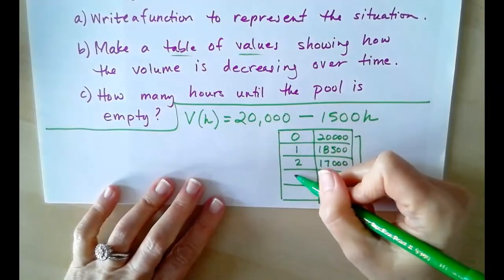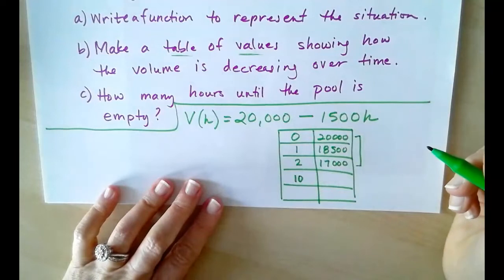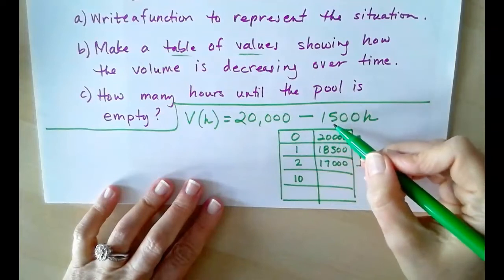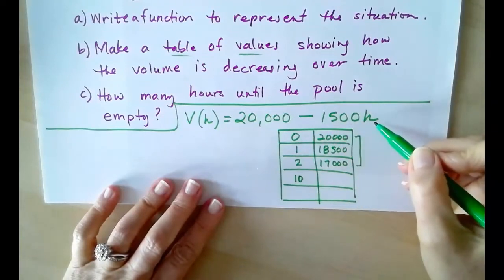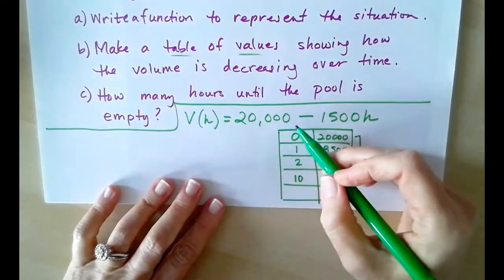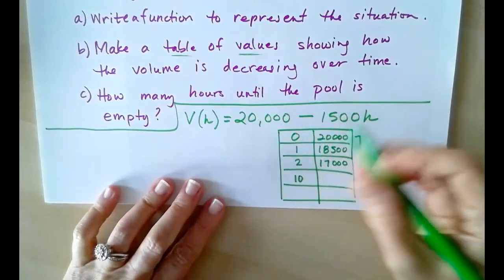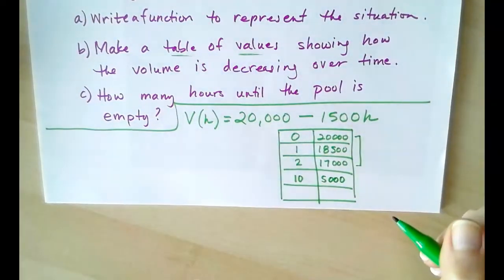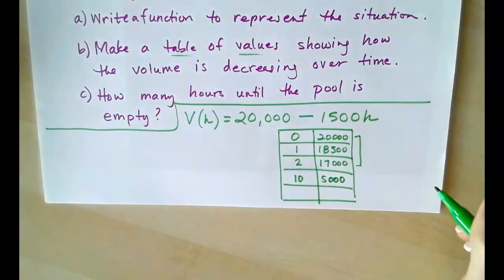So after 10 hours, how much had left the pool? Well, after 10 hours, 1,500 times 10 is 15,000. So 20,000 minus 15,000 leaves 5,000. So after 10 hours, there was only 5,000 gallons left in the pool.